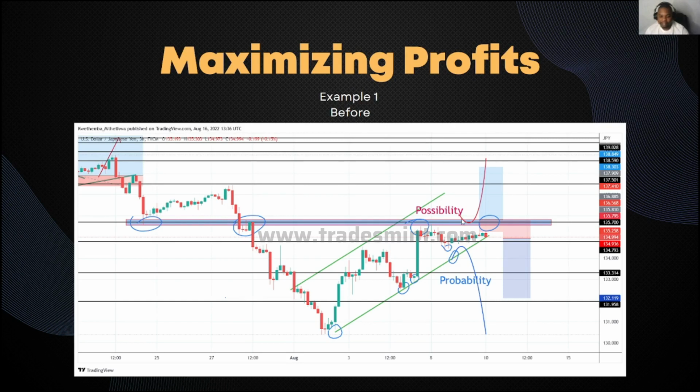So according to my strategy, looking at the fact that I had a support and I failed to respect that support, what will make me respect it here? So that's where I said there's a possibility that it might buy, but the probability, according to my strategy, what I deem happening, I would say 100%.